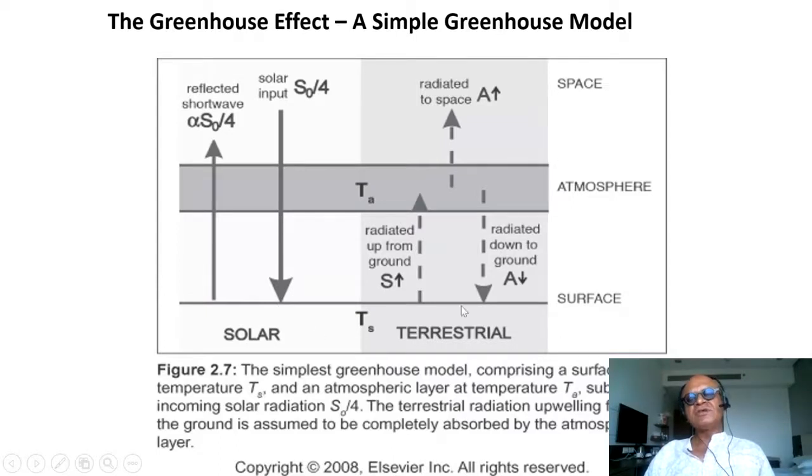And it's also receiving long wave from the atmosphere, infrared energy from the atmosphere. This is the key effect of greenhouse gas. Greenhouse effect makes the surface warmer because it's putting this additional infrared energy back to the surface.